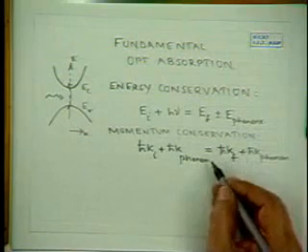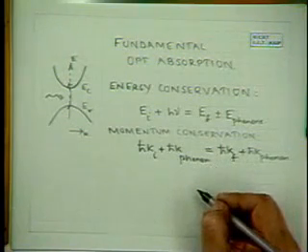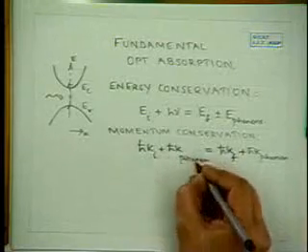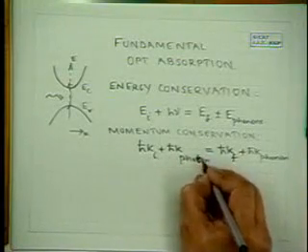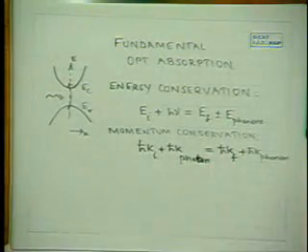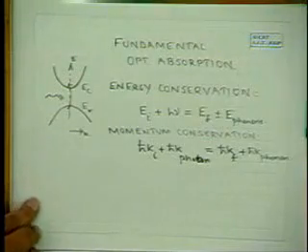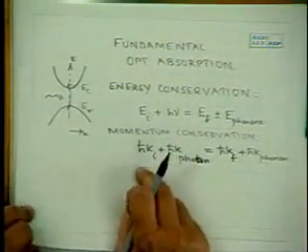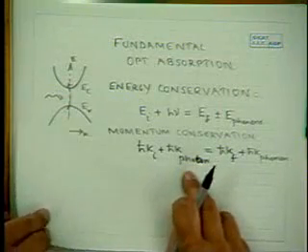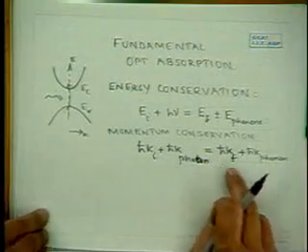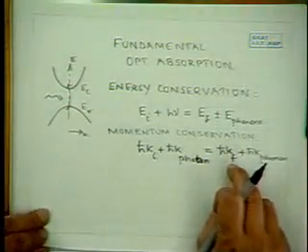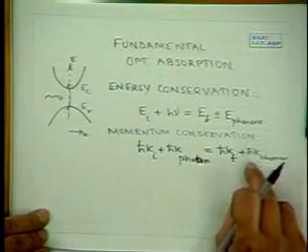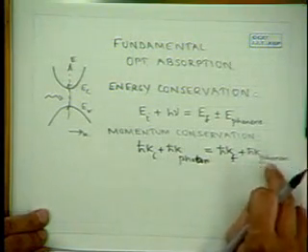Have I made a mistake here? Yes, this is obviously the momentum of the photon. So the initial momentum is that of the electron in the initial state plus h cross k photon, which must be equal to h cross kf of the electron in the final state plus h cross k of the phonon.